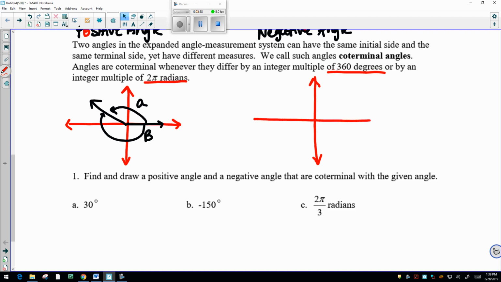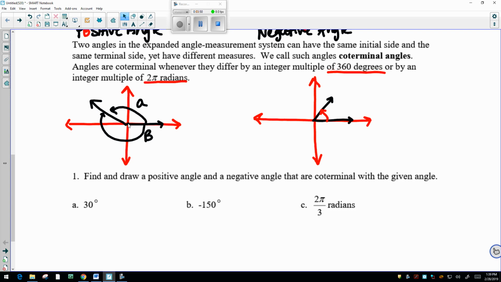You could have two positive angles. And remember what we said, they would differ by an integer multiple of 360. So for instance, maybe I had an angle here, where I could say just opening this angle up would be perhaps angle alpha.